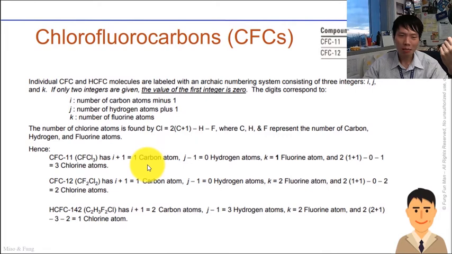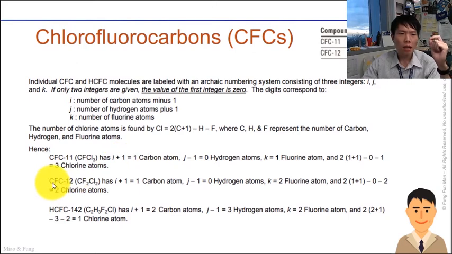How many fluorine atoms are there? There's 1, right? So in this case, you have 3 chlorine atoms. So you see, carbon was 1, so 1 minus 1, you get 0. Hydrogen here is 0, hydrogen atom plus 1, 0 plus 1 is 1. So that's why it's CFC 1, 1. Got it?